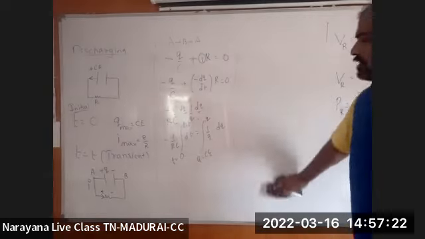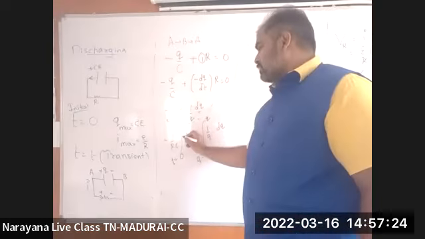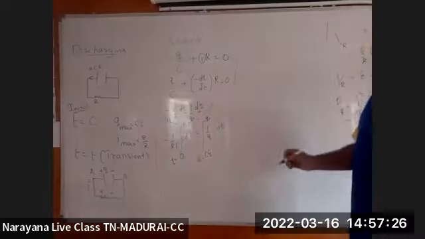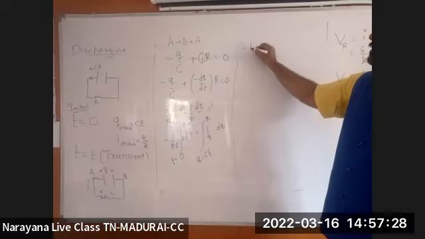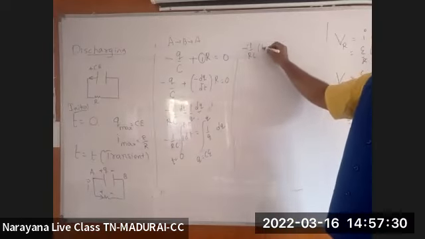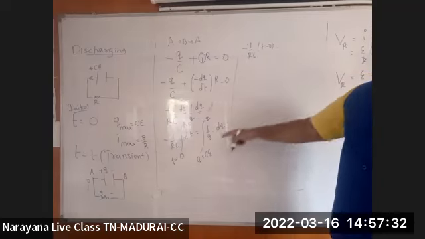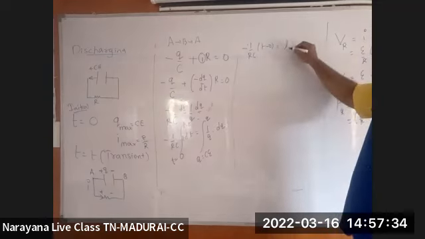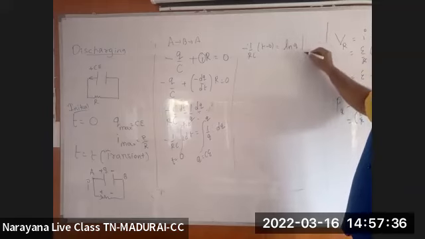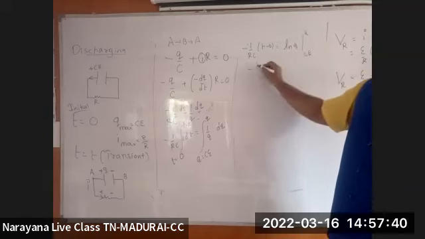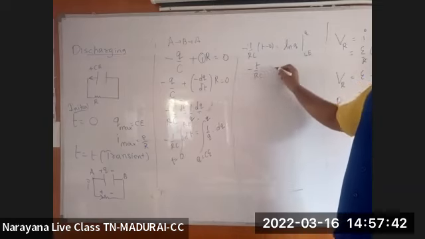So what is the integration of 1 into dt? T. Put the limits: t minus 0, and that equals the integration of 1 by q, which is ln of q from CE to q. So minus t by RC equals how much?